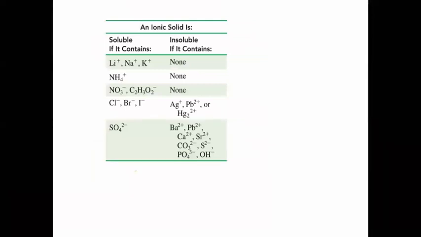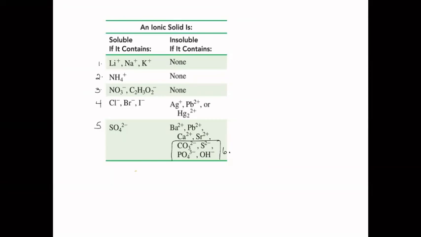Okay, so this is my table for solubility rules. I'm going to number each one of the different rows that we see here. So this is going to be number 1, this is number 2, this is number 3, 4, 5, and then these guys, I'm going to put them together, and that's going to be number 6.